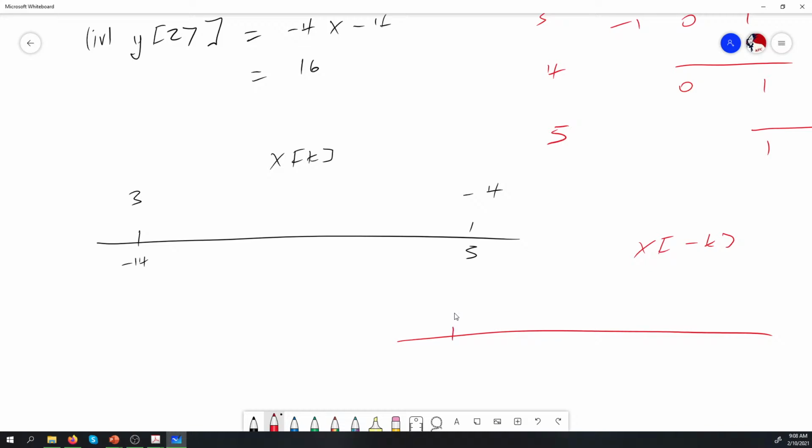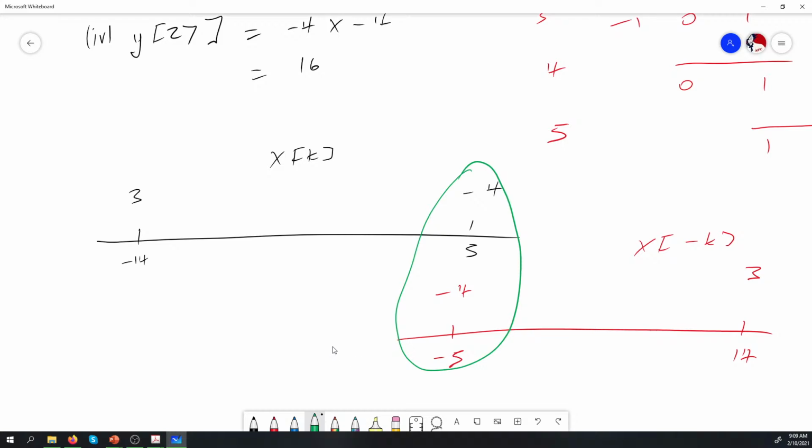This here was going to be at -5, and this here would have been at 14. Now, because this is the flip version of x of k, -14 now becomes +14, but this value would have been 3, and -5 now becomes 5 on the x-axis, but this value is going to be -4, and these two values line up.